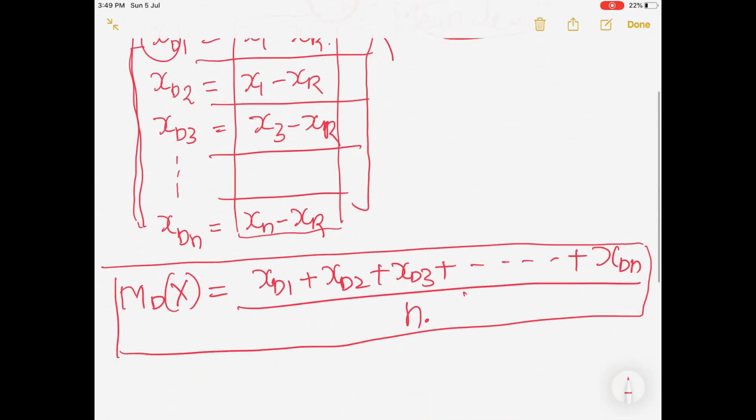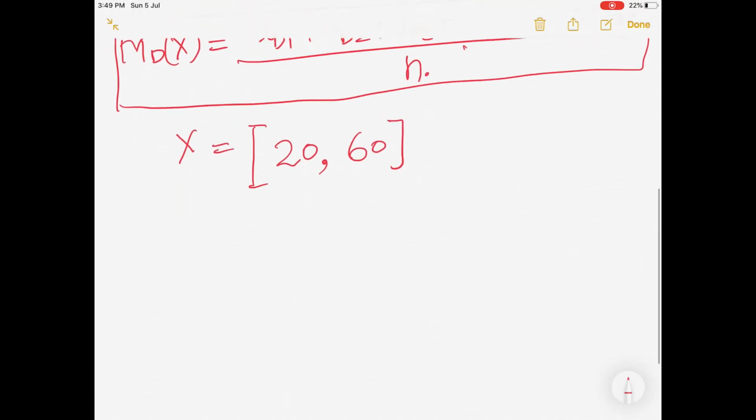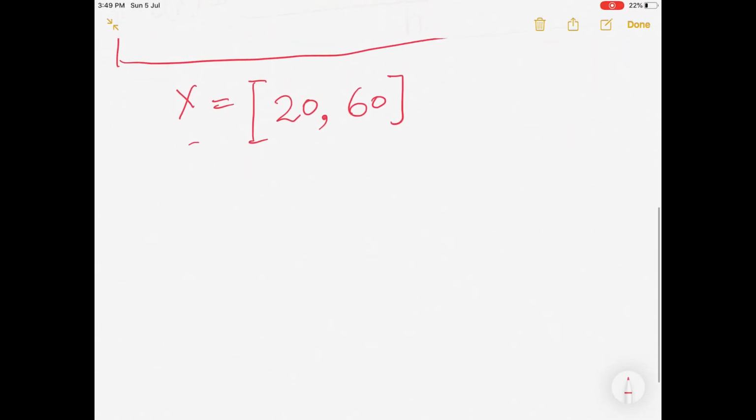Now there is a problem. Let's calculate the mean deviation of a given data set with fake data. So we have X with 2 points, 20 and 60, right? Now we have to calculate the mean deviation of this data set about a point xr, which, for example, let us consider is 40.